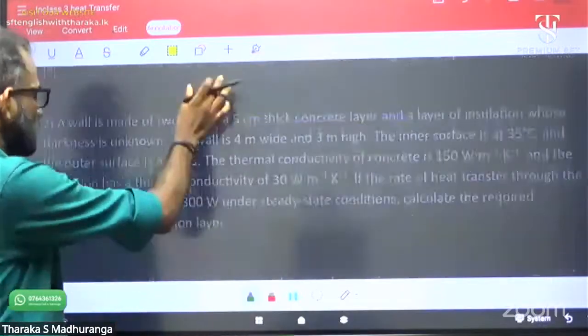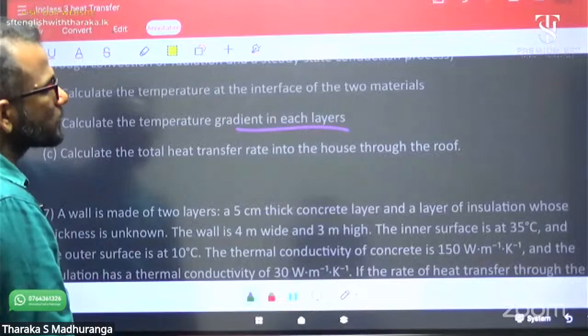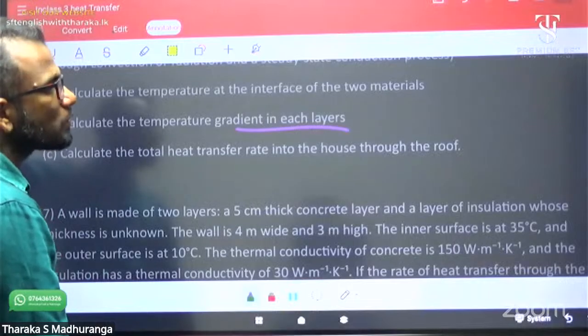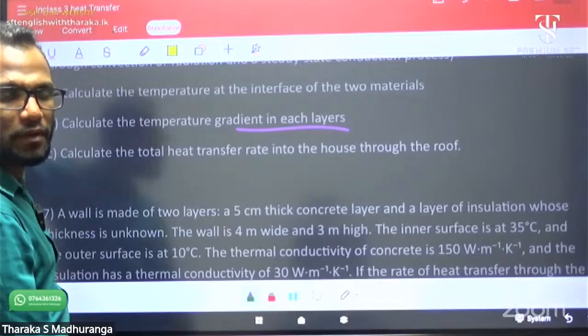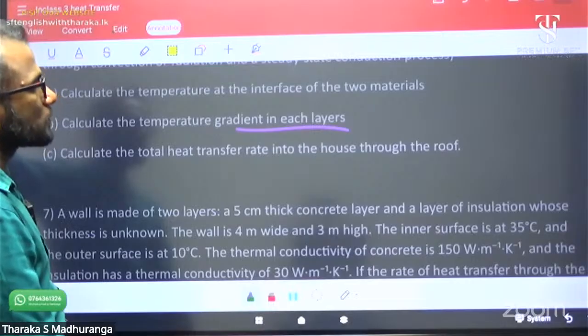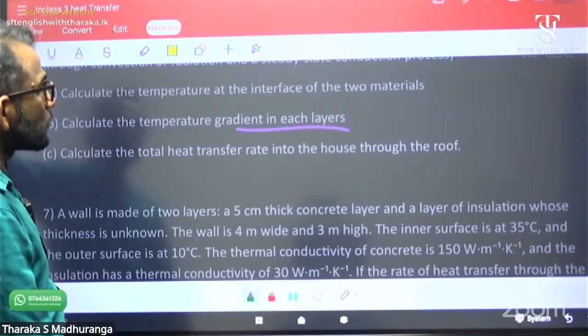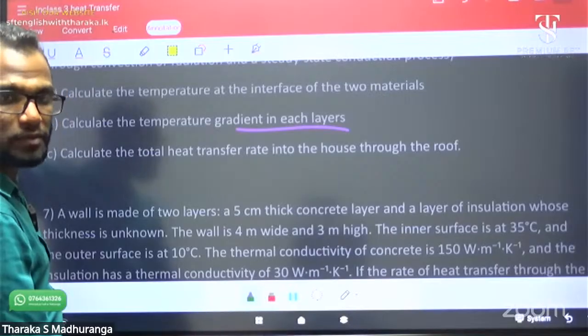Okay. Part C. Calculate the total heat transfer rate into the house through the roof.